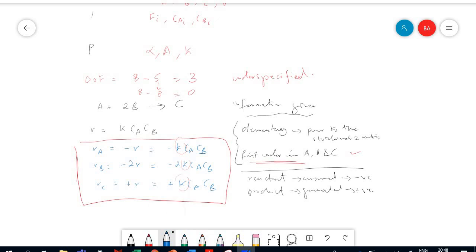We can only say that K is constant if temperature is constant. Well, we know that temperature is not constant. So definitely K cannot be a parameter.